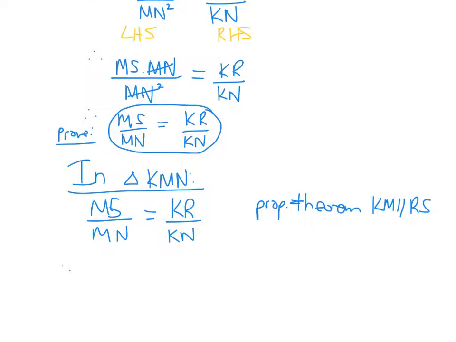MS times MN over MN squared is equal to KR over KN, and I'm thinking ahead here.